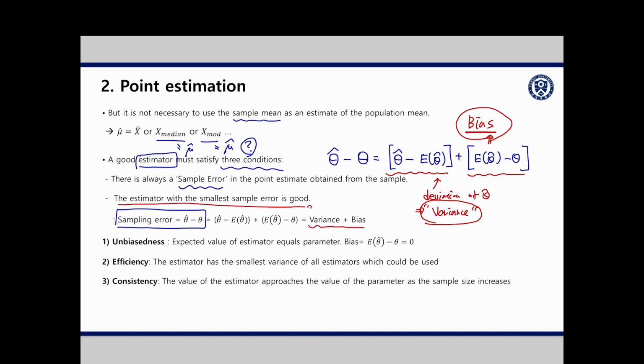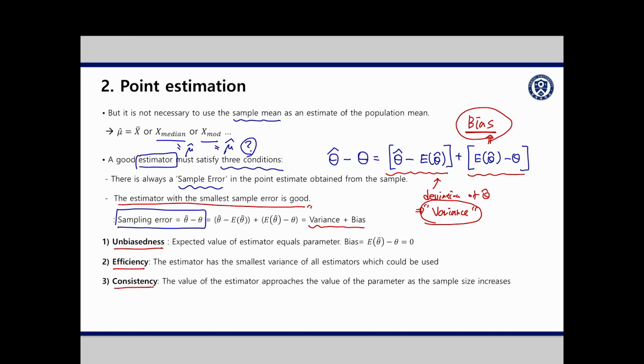Using this concept, the 3 conditions for a good estimator are unbiasedness, efficiency, and consistency.